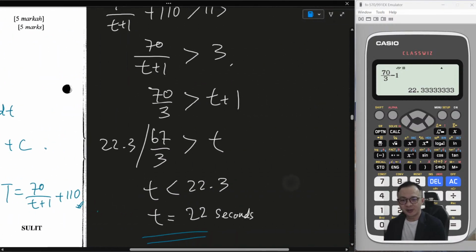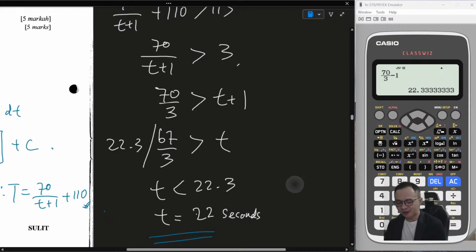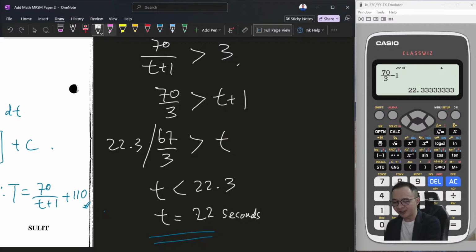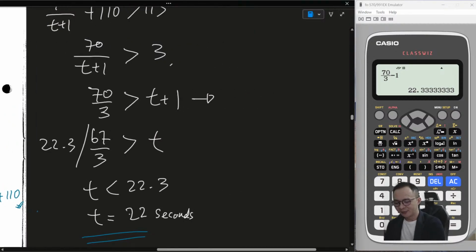Bring the 3 over to the left hand side. Even if I bring it over, it doesn't affect much, isn't it? Unless T is a negative value, but T is time, right?